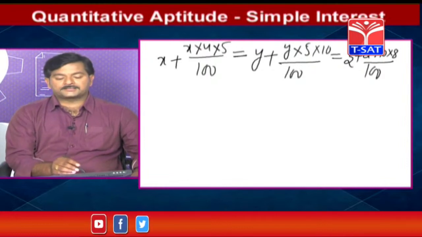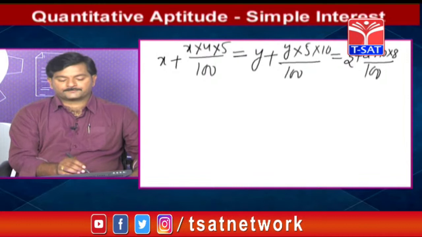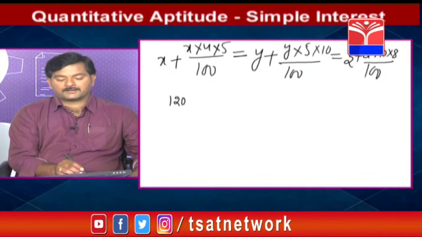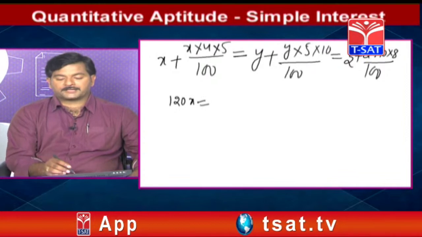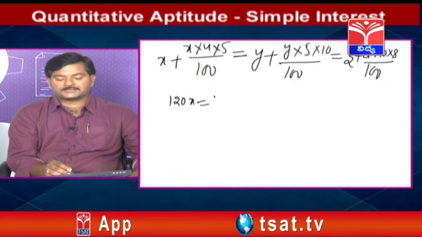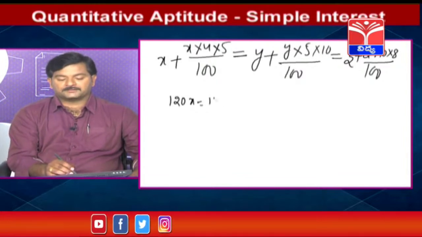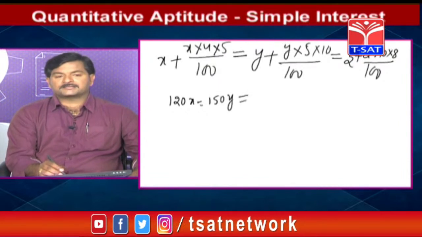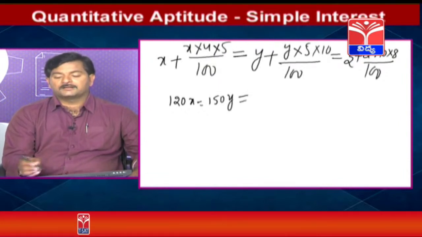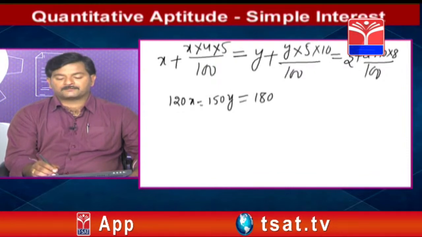So 100x plus 20x, here I am getting 120x, that is equal to, for the next, I am getting 150y, and sorry, it's not x, it's y, because x is there, y is there, z is there. Here I am getting 180z.